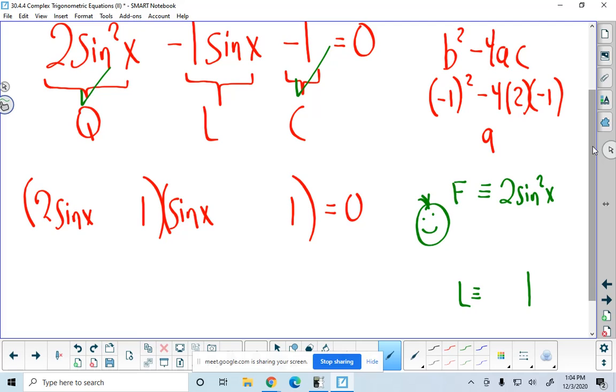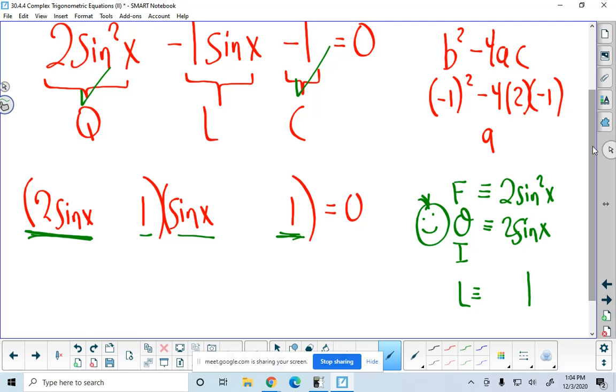I'm not so sure we need to check the F and the L. Of course, these two are going to work out. That's why we chose these numbers, so that we would get 2 sine squared and 1. Now we do the outer. So I'm taking 2 sine x times 1, which gives me 2 sine x.